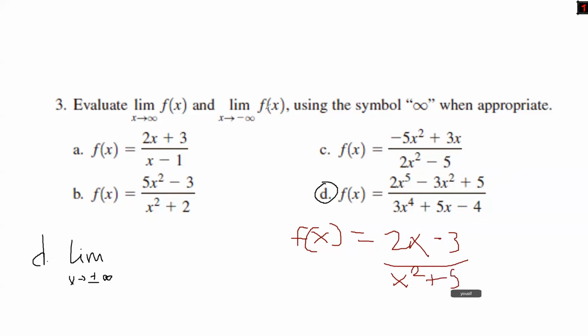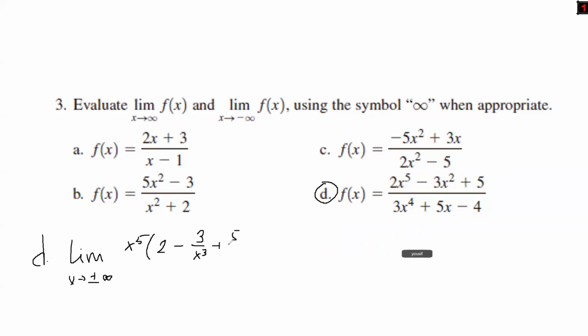Unfortunately, Yusuf, I don't really understand how you end up with this, because if you factorize it as I suggested by x to the fifth power, you simply bring it out of the brackets and write 2 subtract 3 over x to the third power plus 5 over x to the fifth power, divided by x to the fifth power times 3 over x plus 5 over x to the fourth power subtract 4 over x to the fifth power.